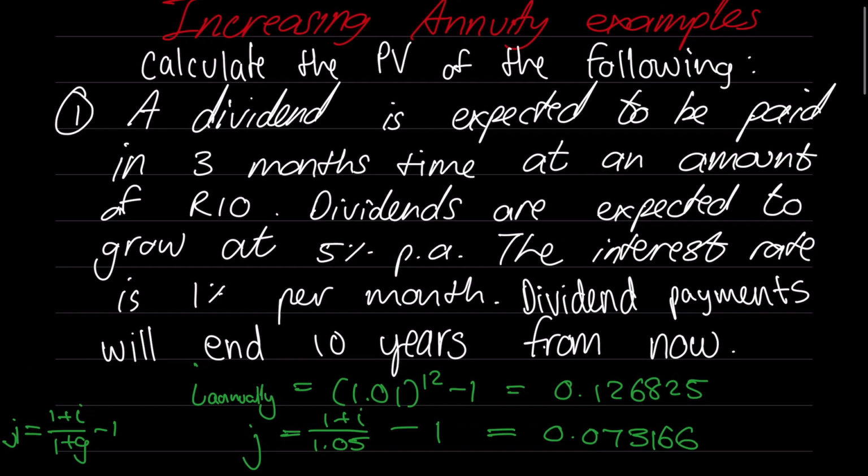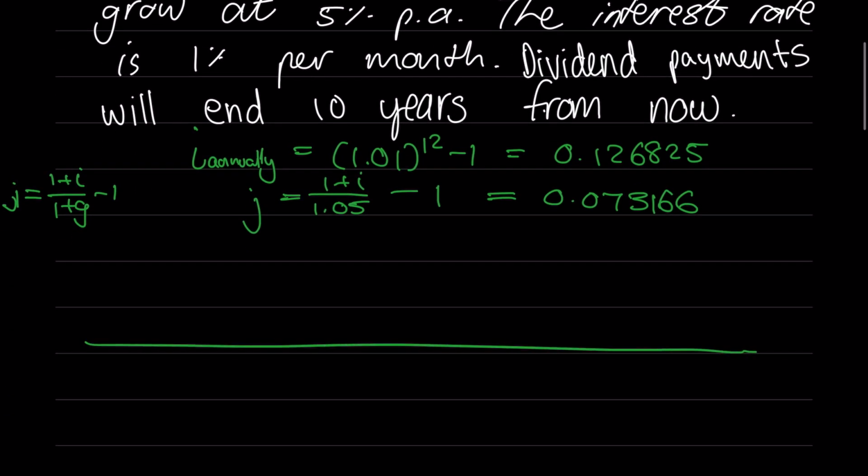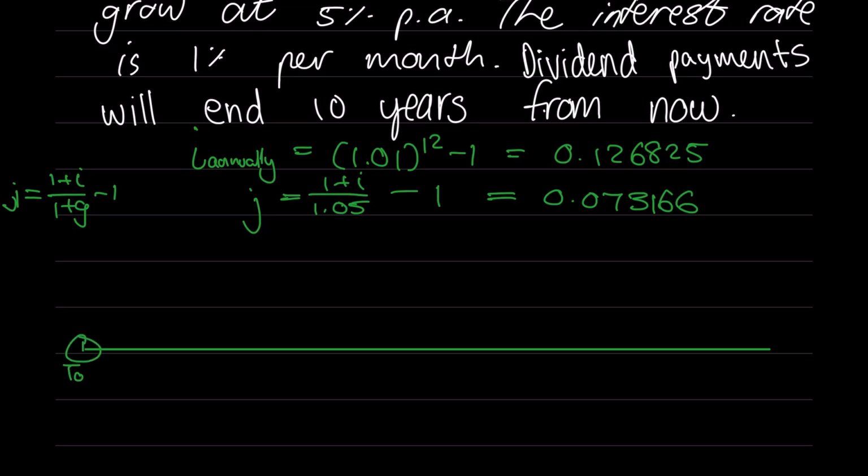Okay, so calculate the present value of this. A dividend is expected to be paid in 3 months' time. So what we can do is a timeline here. If this is time 0, we need to present value it to this time, but our first payment is in 3 months. It was given as 10, and we know that it's growing.